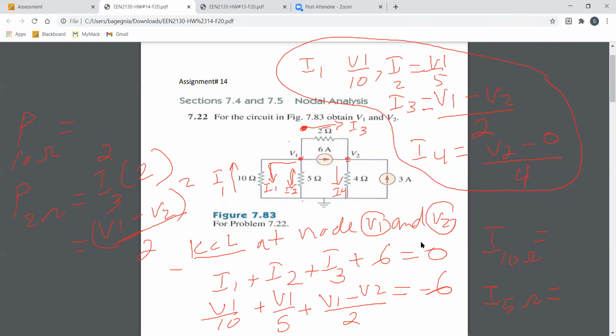So we need to find, in addition to this problem, I10, I5, and P10 and P2. And again, you could add as many as you want.